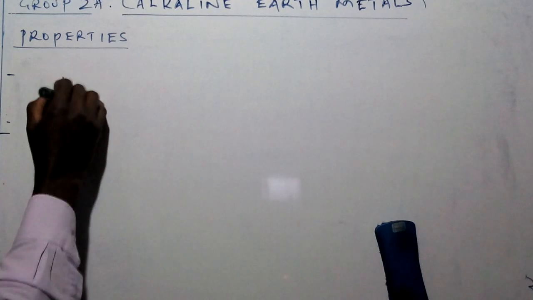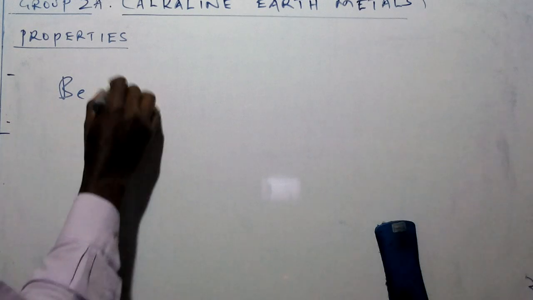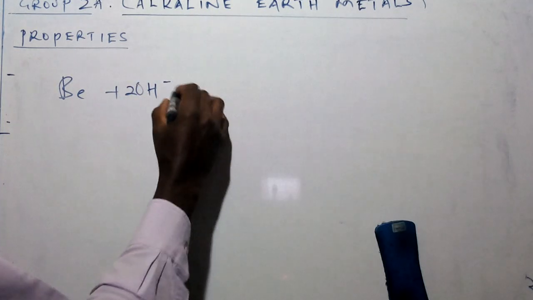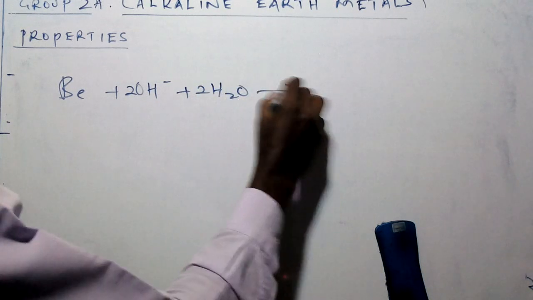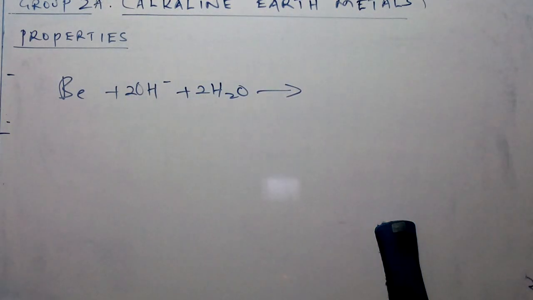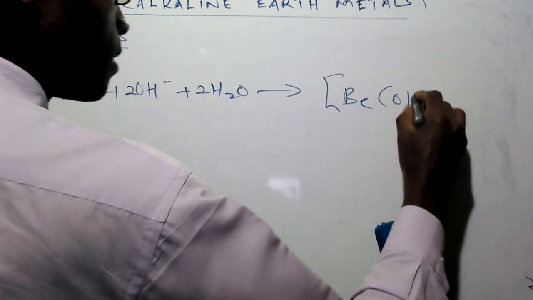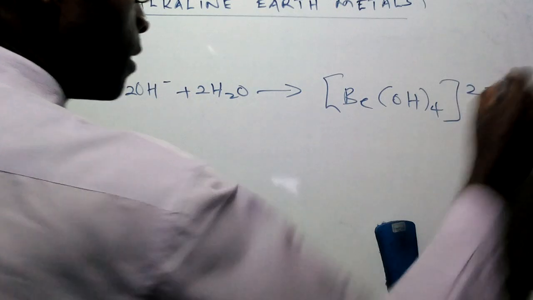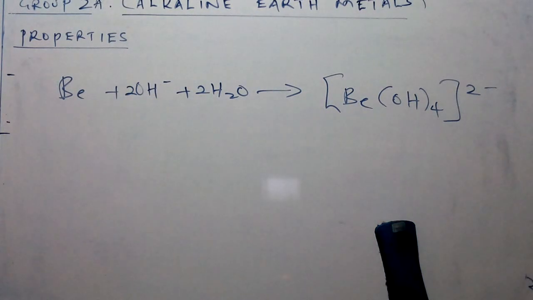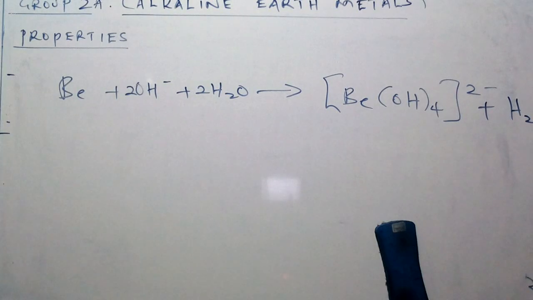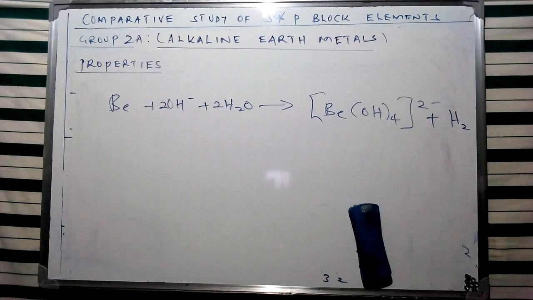And I can give one of the examples which we had described, in trying to give this special property of barium, which is the reaction with hydroxide ions, and that's going to lead to the formation of this complex ion, which will be given in terms of that particular representation. So this is going to be accompanied by a formation of hydrogen gas, and that is one of the examples of the unique properties of barium which we had mentioned.